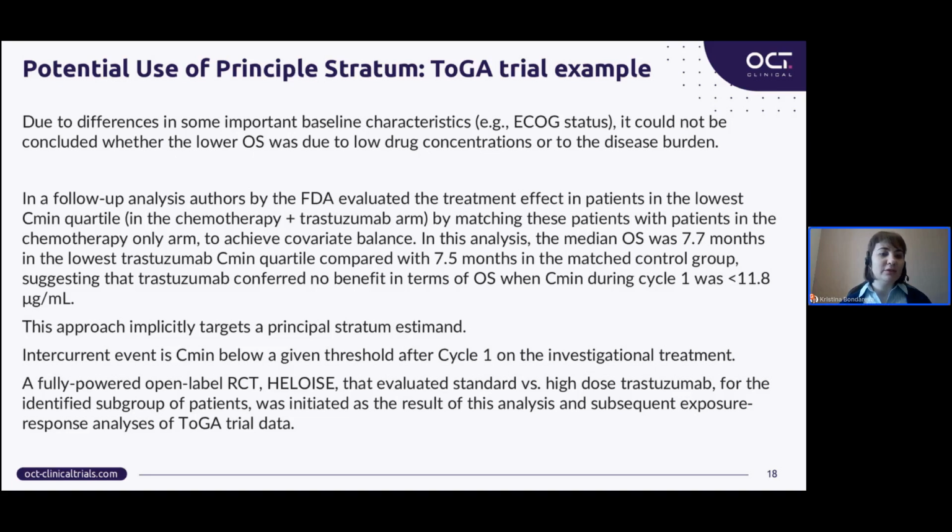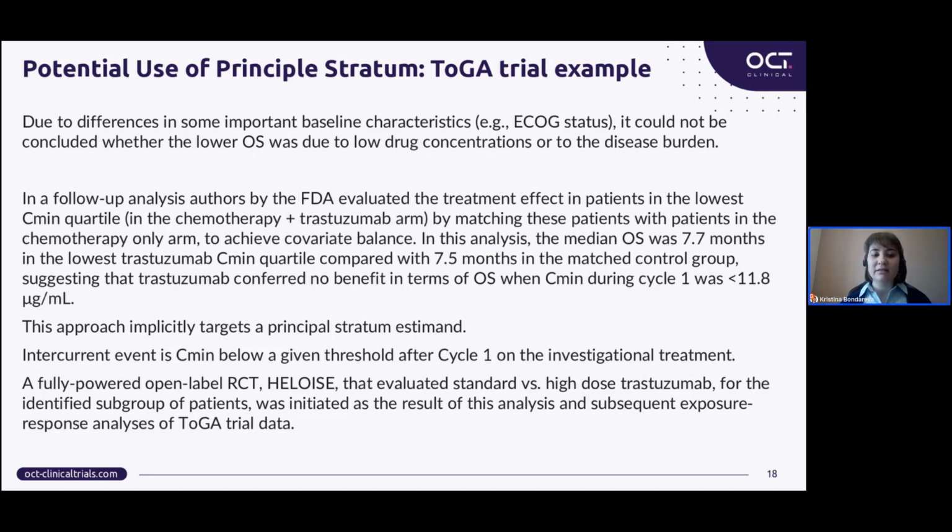A follow-up case control analysis of these data was conducted by the FDA. Patients with low trastuzumab exposure were matched for risk factors including ECOG, history of gastrectomy, ethnicity, number of metastatic sites, and level of HER2 overexpression with those from the control arm who were not receiving trastuzumab.